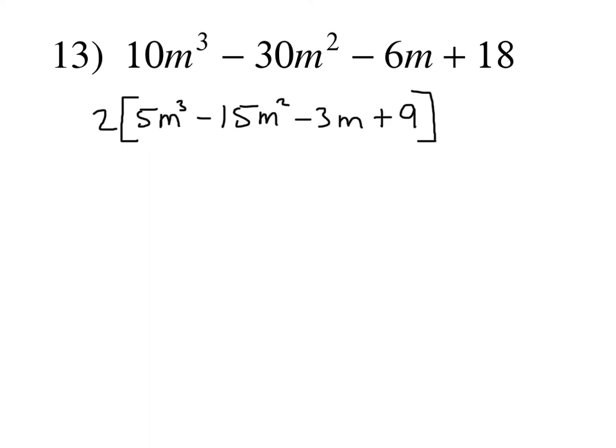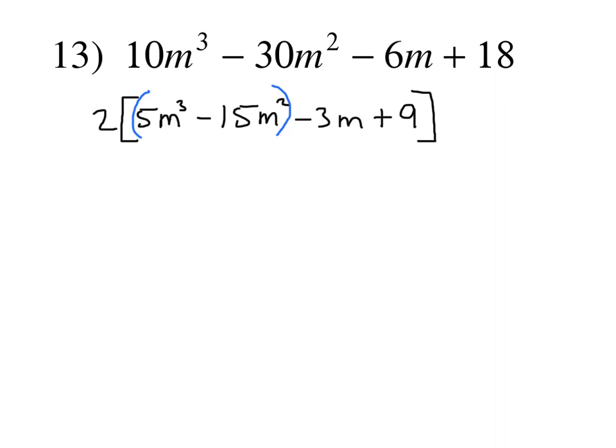Now that I have the 2 factored out, that 2 is just going to come along for the ride, okay? Because it's going to be 2 times all of this stuff, and right now I want to work with all of that stuff. So looking at those 4 terms in the brackets, I want to group because I have 4 of them. I group the first 2 together.